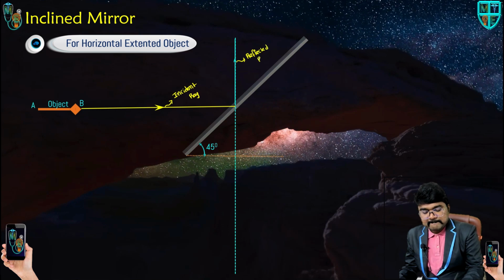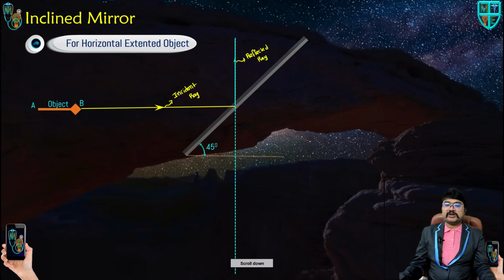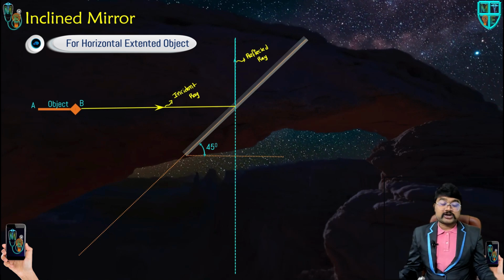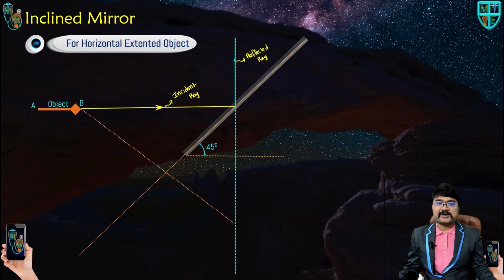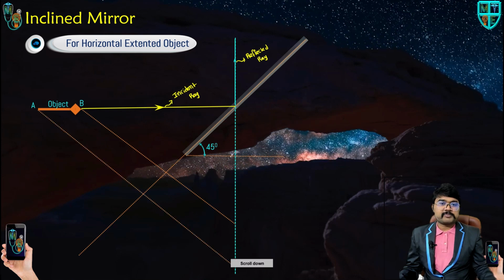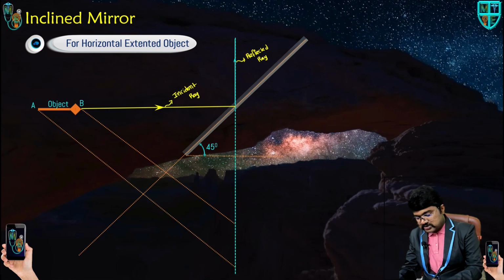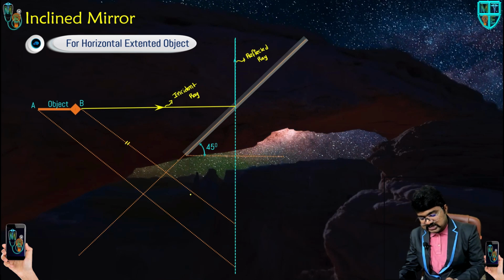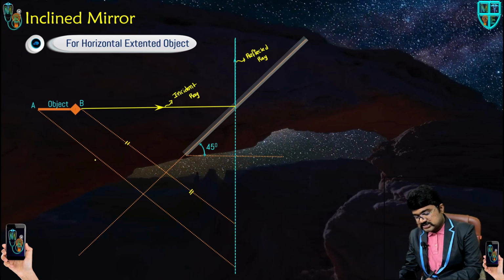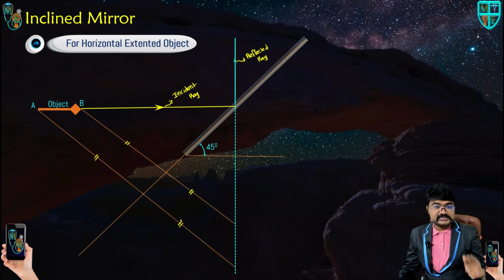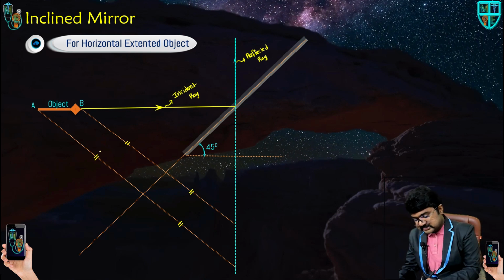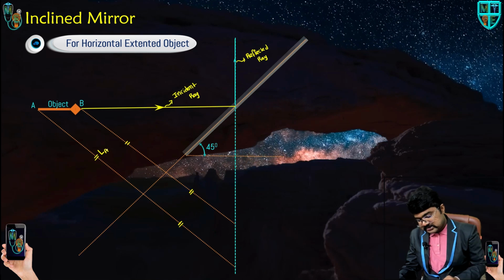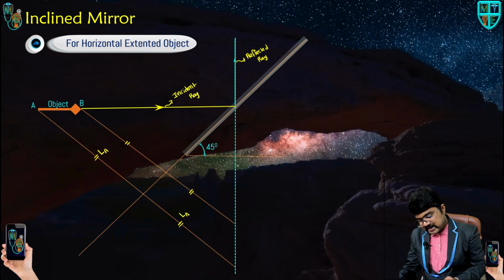Same procedure, we need to extend the mirror and draw perpendiculars. This is the perpendicular and draw one more perpendicular. So here these two distances are the same. From here, I can say that LA, this would be LA dash.